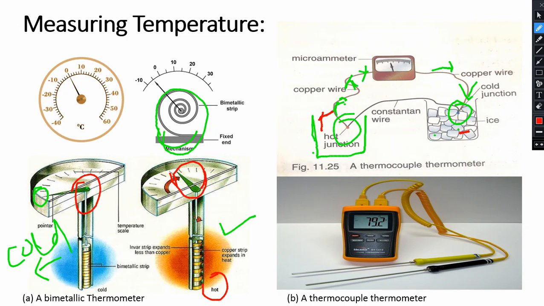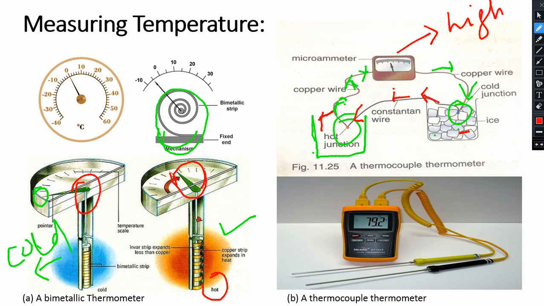When it reaches this ice, some of the current will start going back to the hot water, but the amount of current would be less compared to the current traveling in the copper wire. If you look at this, it is making a complete circuit. When there is a high temperature, there would be high current flowing through these wires, and this meter will tell you that.